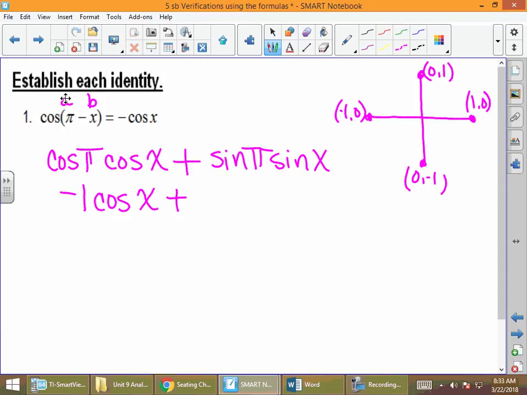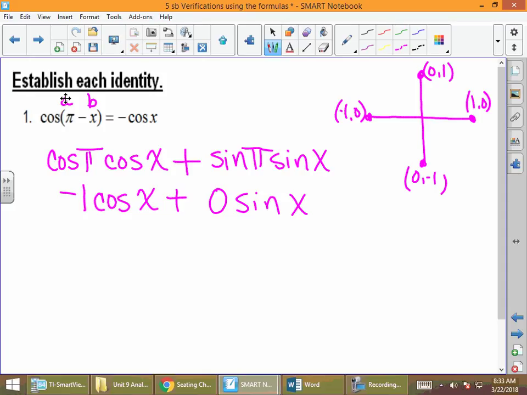Well, can we figure out what the sine of pi equals? The sine is going to be the y value in our ordered pairs. That's going to be 0 times sine of x. Well, it's nice because it's 0, because 0 times sine of x is 0.